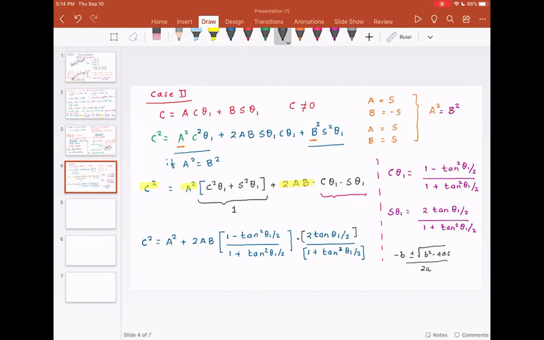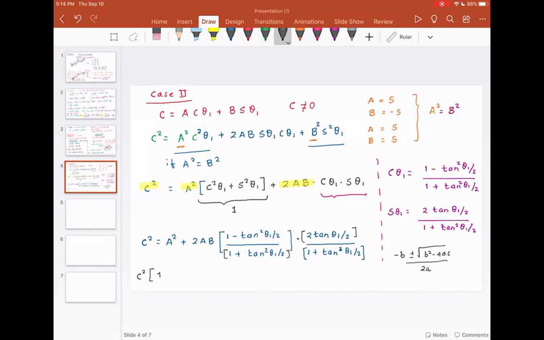So at this point, you want to carry out the multiplication. And this is a thought exercise that I just want you to do. So check this out. Tan square theta 1 by 2 is multiplied by 1, minus 1 plus tan square theta 1 by 2 gets multiplied, and this term gets multiplied with c.